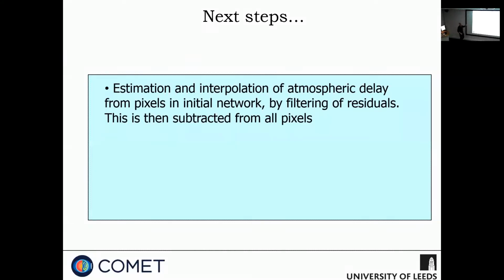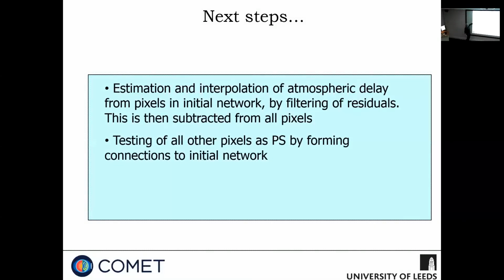Once you've done that, you can look at all your other pixels and test to see what their phase looks like as well, by again doing this modeling process and estimating.